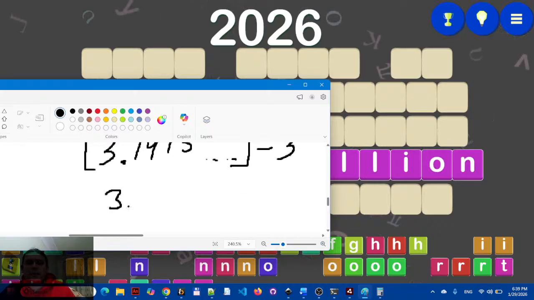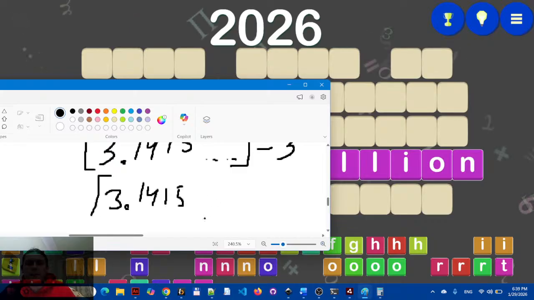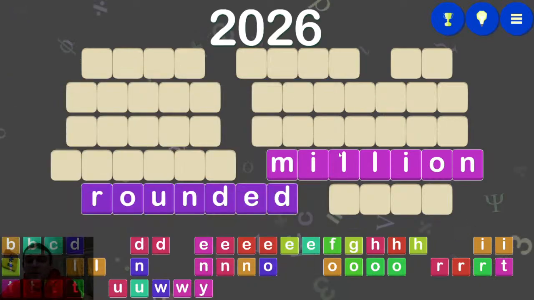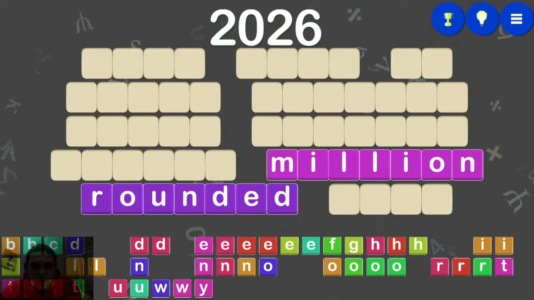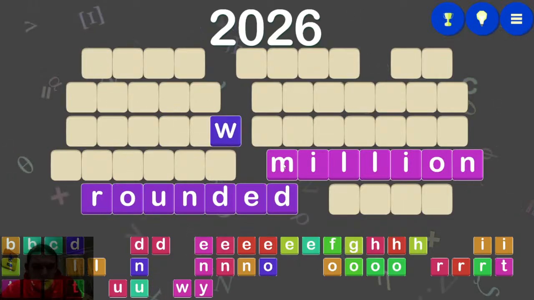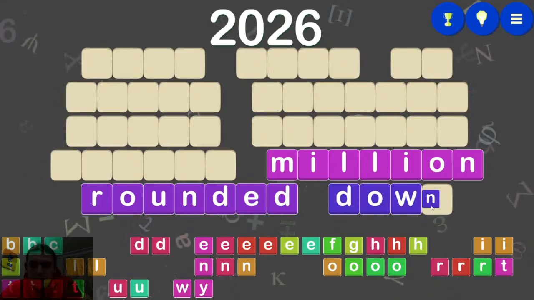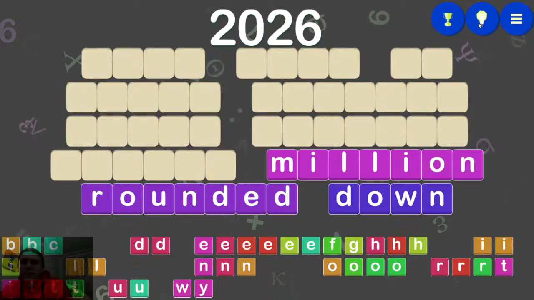And also numbers can be rounded up. 3.14 rounded up is 4, because we have even slightly more than 3, so we get rounded up. Of course, if something is rounded, it can be either down or up, so it should be down. Rounded down. So something million rounded down.